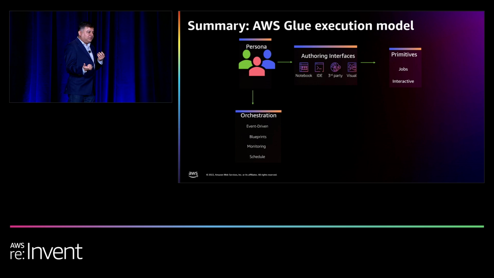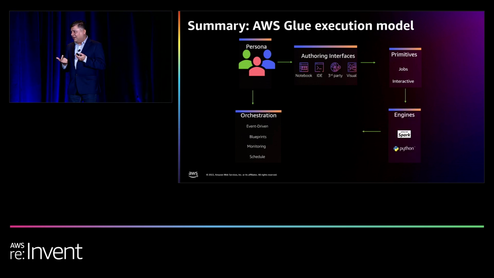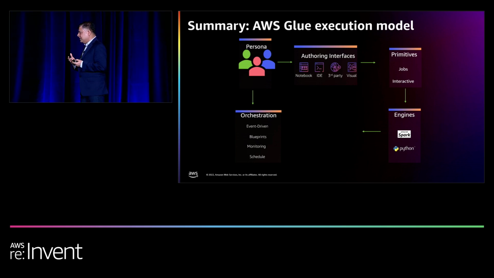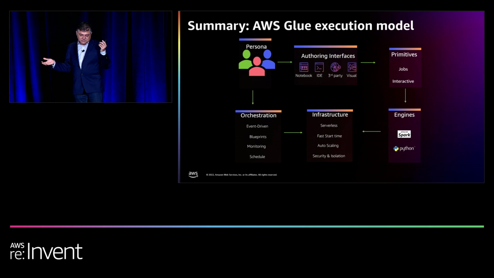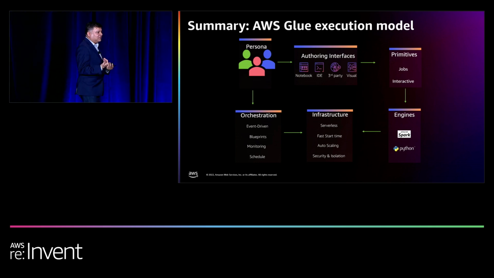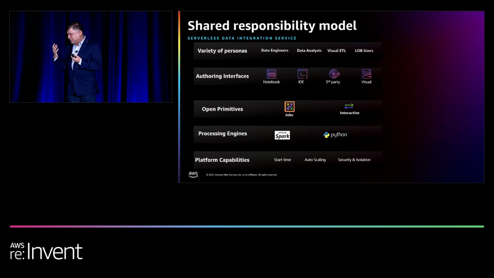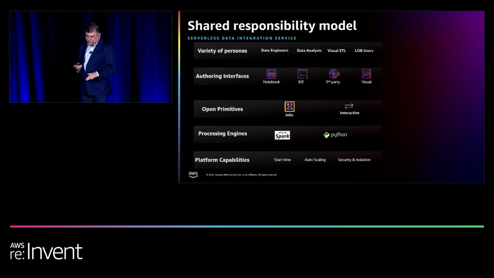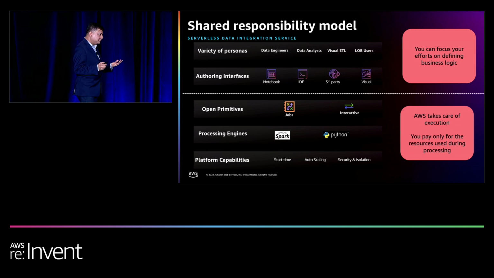And then we offer primitives: jobs, interactive sessions, and engines, the single-node Python shell engine or the multi-node Spark engine. And then we take care of the infrastructure. So we talked about all the way from persona to the processing engine. And this is the shared responsibility model.